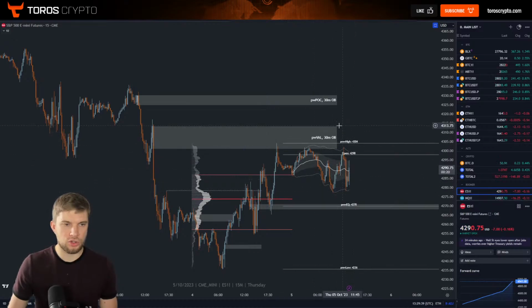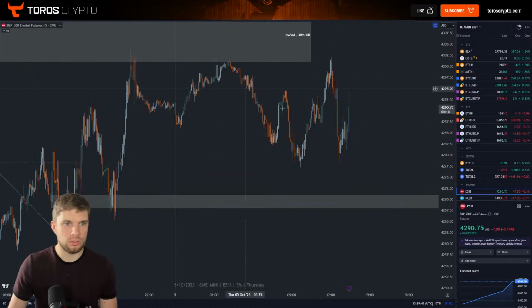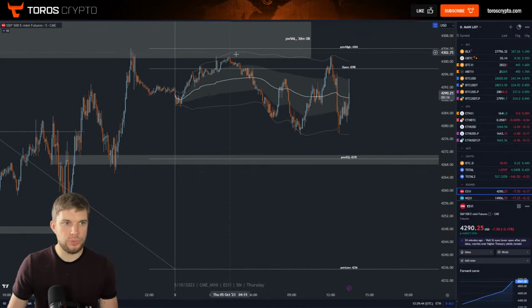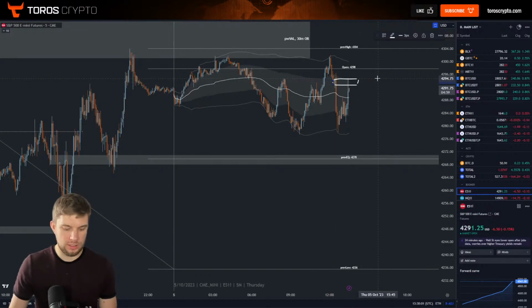It's been crazy. Look at the VWAP bands. Cheat code or what? ES is into this little order block here, a 5-minute OB. There's a potential that this can reject here. We've only got a little bit of time before New York Open now.